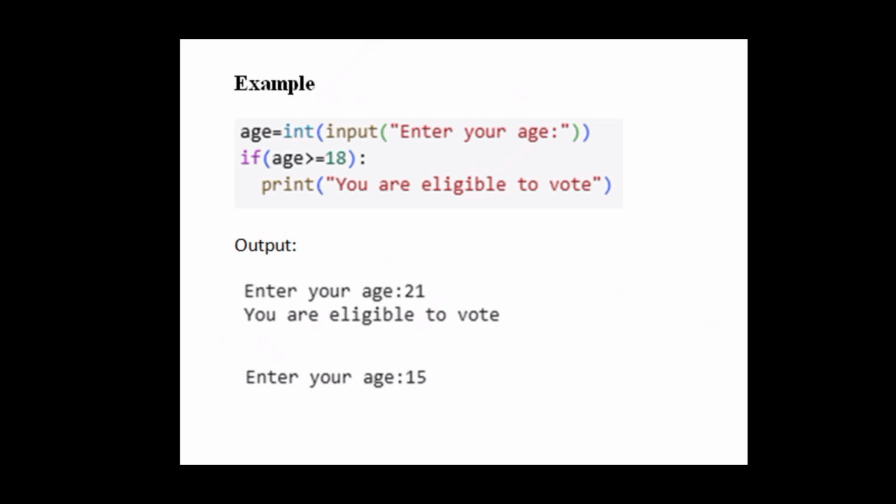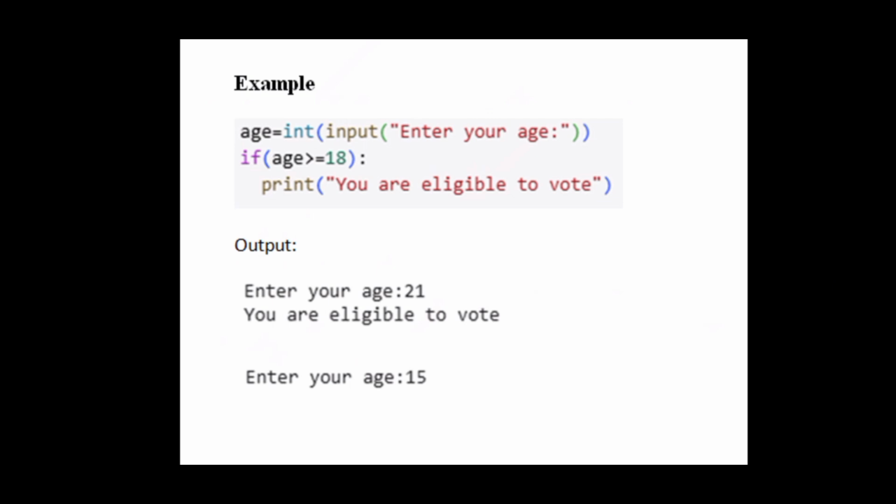The input function gets the value as a string and int converts it to an integer number. Then we store this in a variable called age.